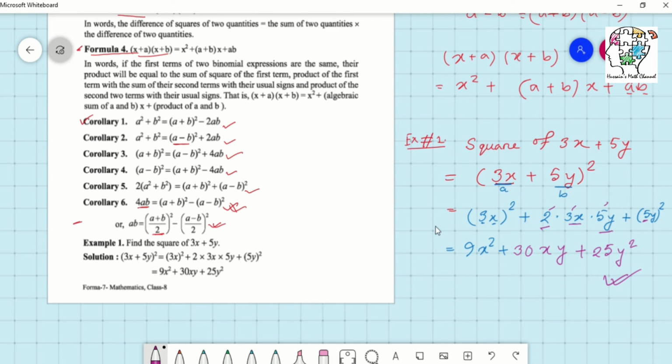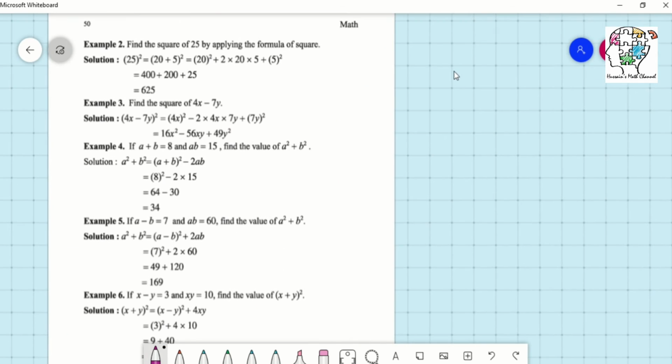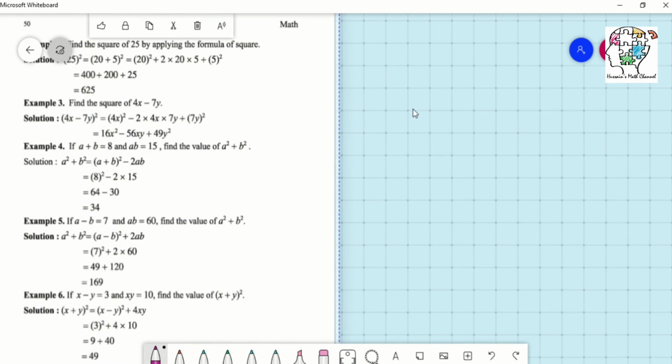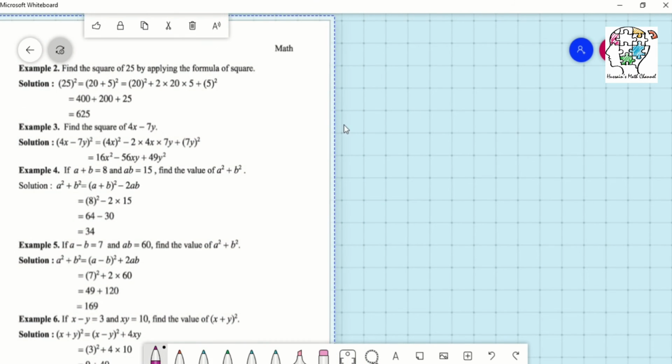Now if you practice example 2 from page number 50, you can see another one. If we just read the question: find the square of 25 by applying the formula of square.